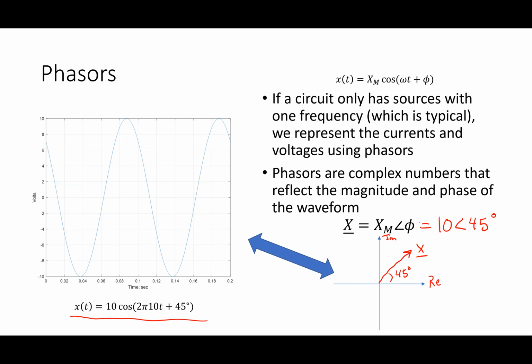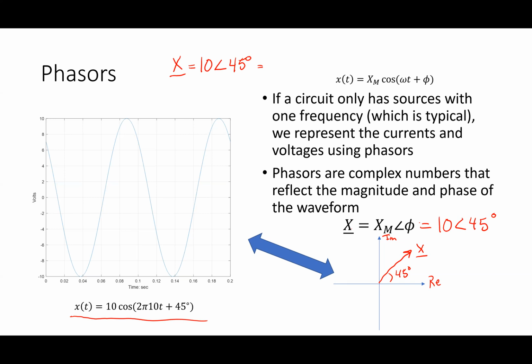So I could say X here is 10 angle 45 degrees. This has a real part and an imaginary part. What would those be?